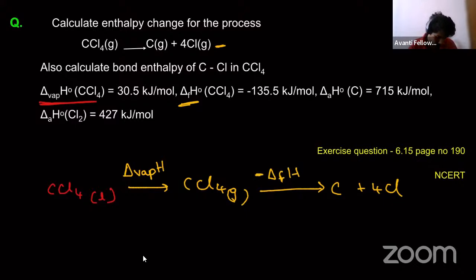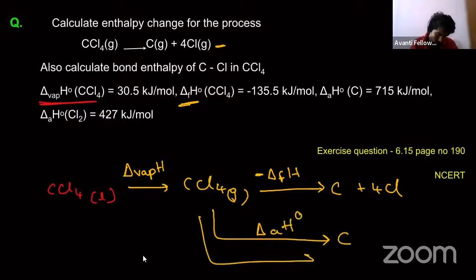Now, after this, what is happening? He's saying that atomization enthalpy is also given. Atomization enthalpy is also given for carbon, delta H naught, and for chlorine. Okay, one second.